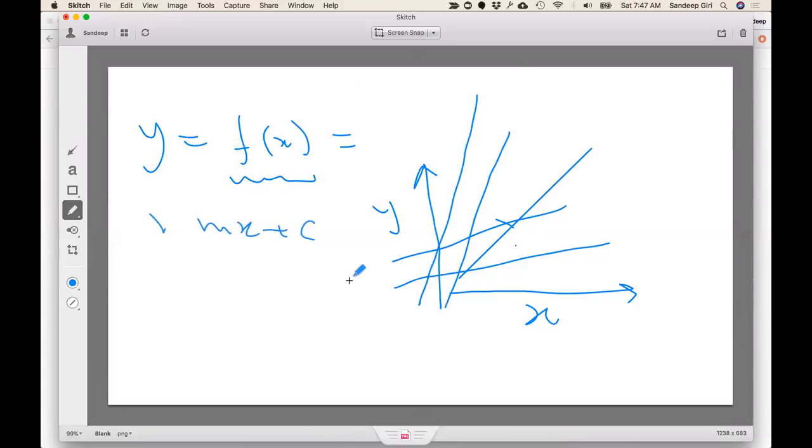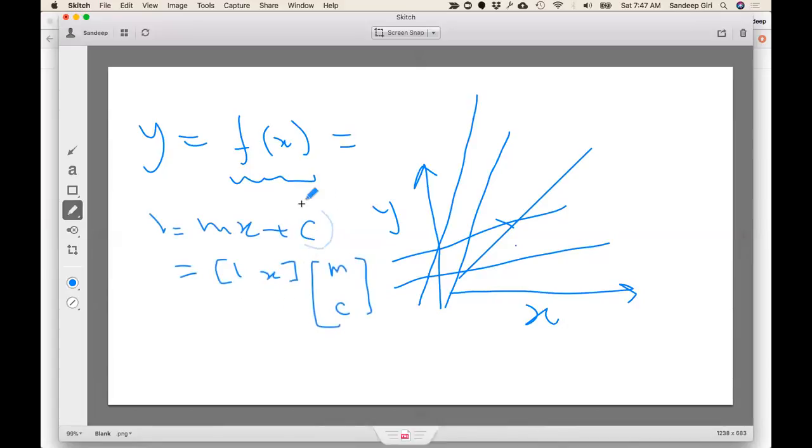Now the question is why we are taking that as one. It is really easy if we express it this way: this is 1 and x, and this is c and m.